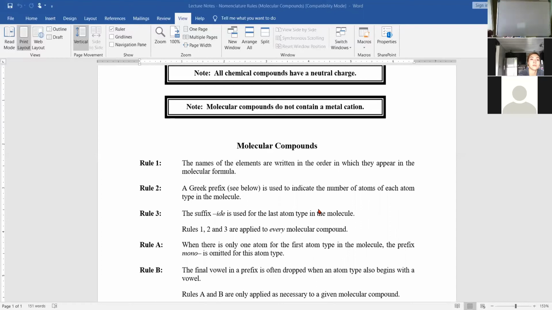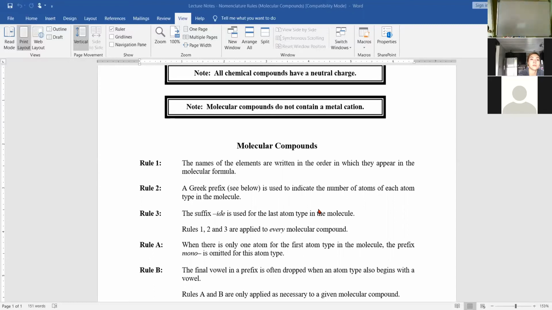So cations are metals, although we had the one polyatomic cation, NH4 plus, the ammonium cation. But other than that, all the ionic compounds that we will see will begin with a metal. If it doesn't begin with a metal, you know it's a molecular compound, with NH4 plus being the one exception.